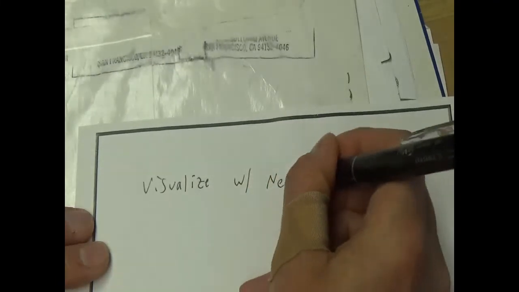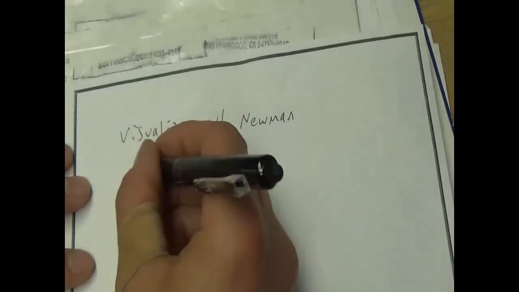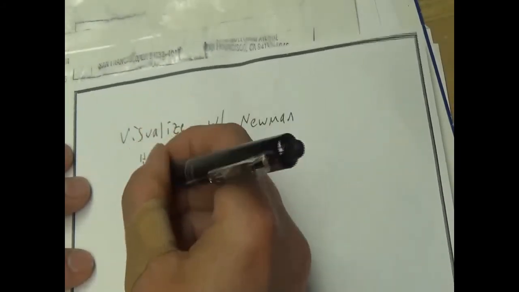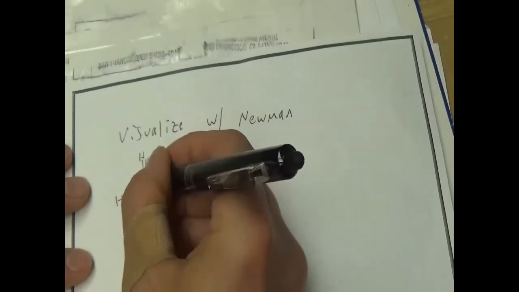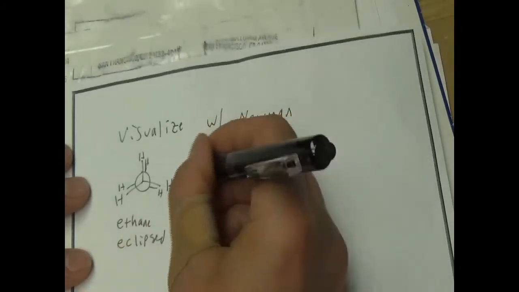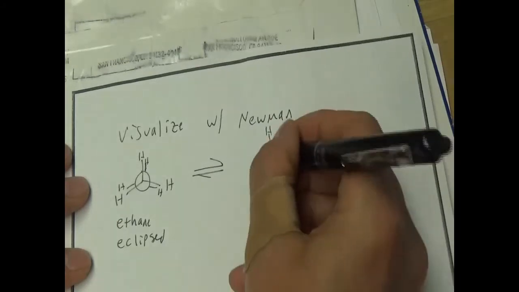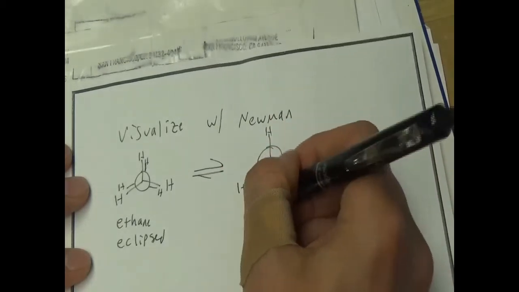So I'll visualize with Newman to show that there are no eclipsing interactions at all. Remember, like in ethane, for example, this was an eclipsing interaction. Ethane eclipsed versus ethane staggered.